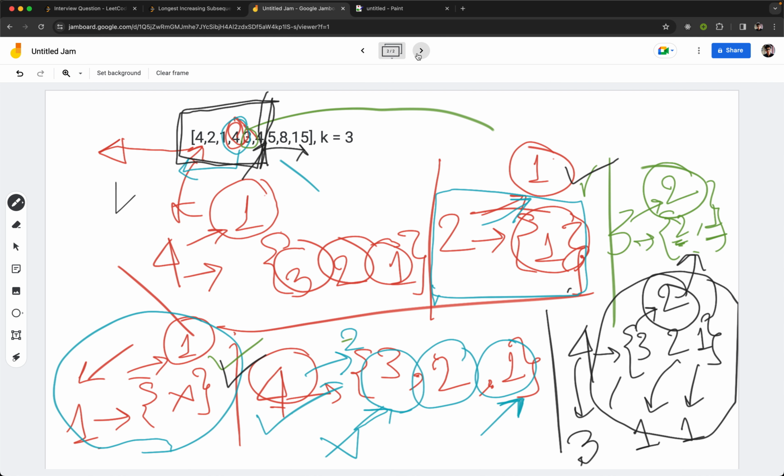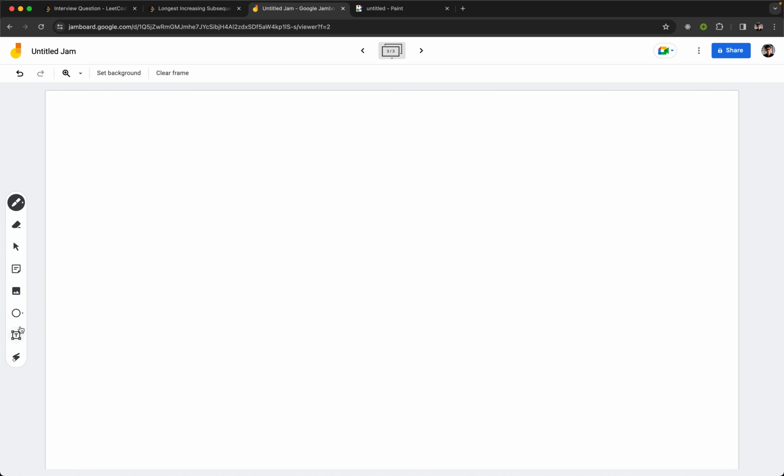Fine. Now, there are a few approaches for how we can find the elements which were occurring previously, right? So what was happening is, let's consider 4.